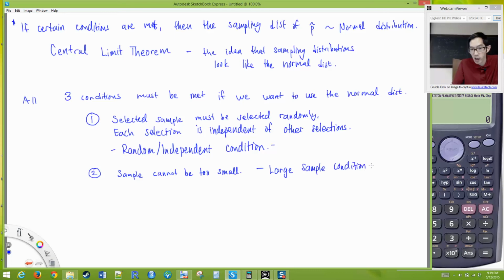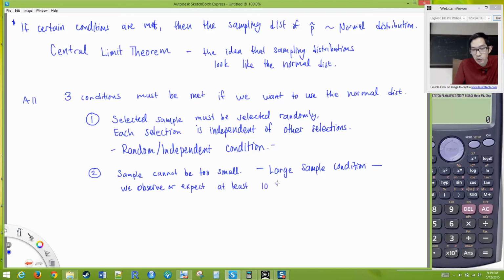And this generally means we can expect, we either observe or expect, at least 10 quote-unquote successes.